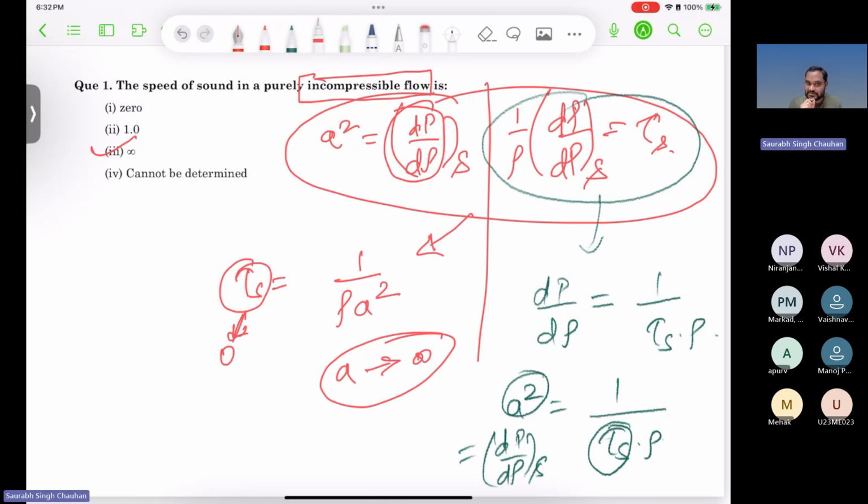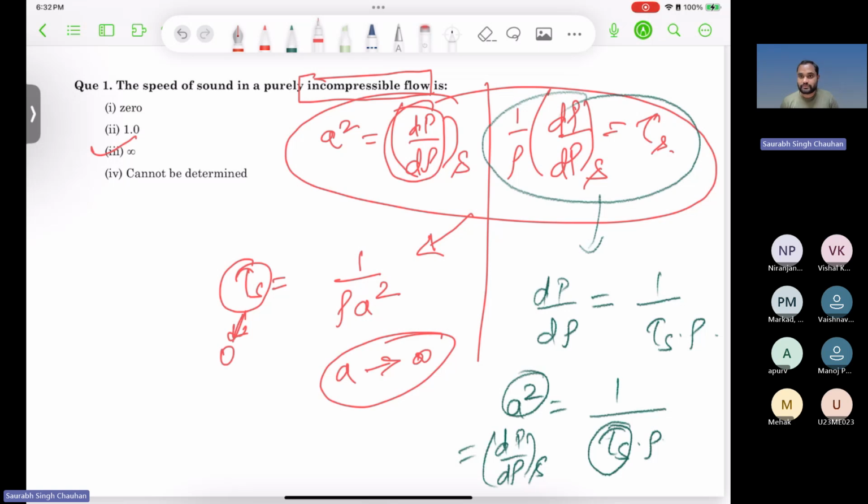So if the flow is purely incompressible, any disturbance made at any point will instantly appear everywhere. It travels at infinite speed, and that change appears instantaneously.